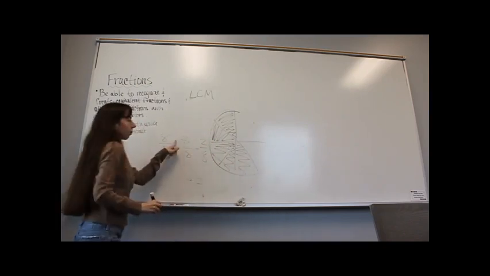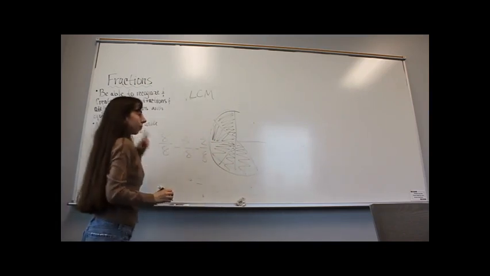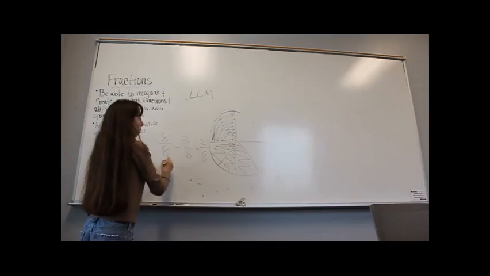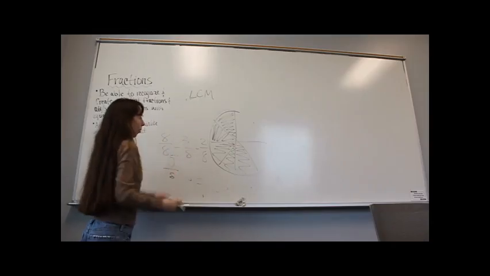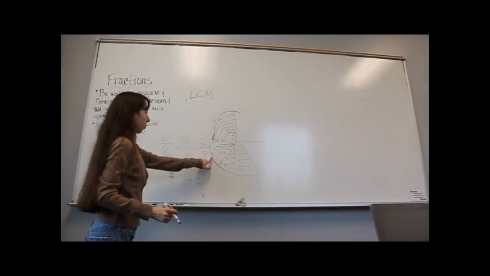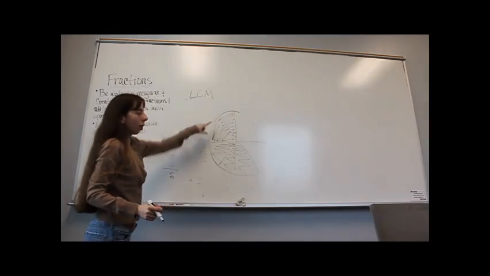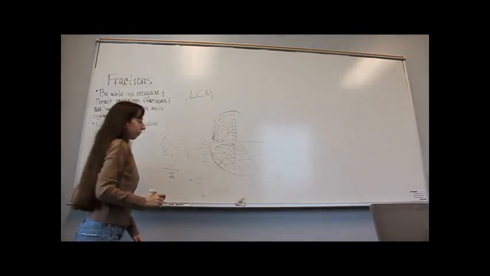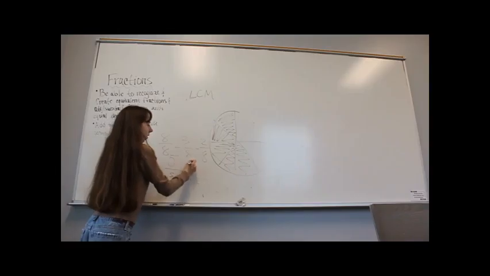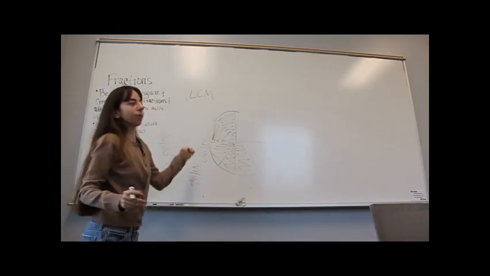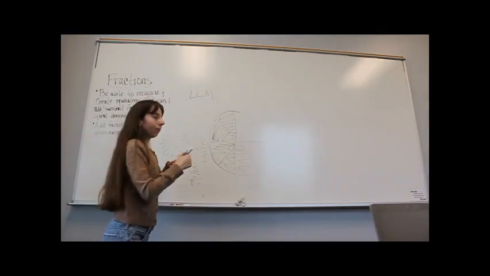So how many slices of pizza are left? 5. So after your friend eats 3 pieces, there are 5 pieces left. And after you eat 2 more, how many pieces are left after that? 3. Yes. So that's how you would use this in a real world problem.